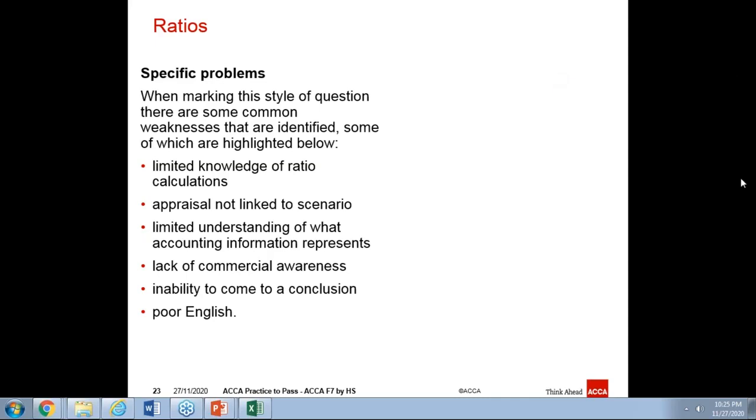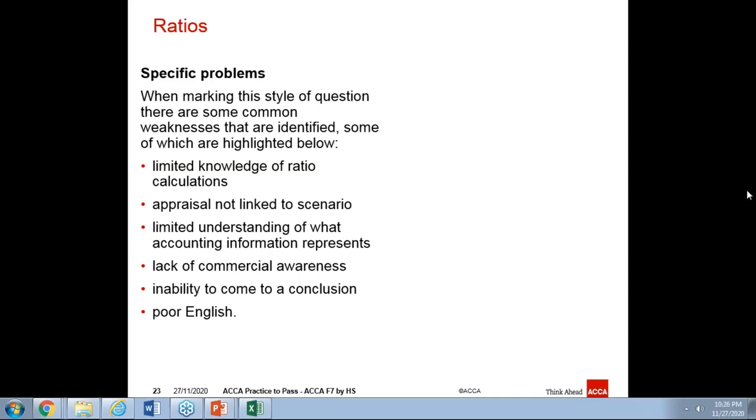For me, English I think is not that much of an issue, but the most important thing is that you know how to write the answer in connection with the scenario.